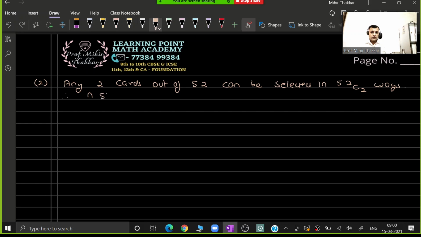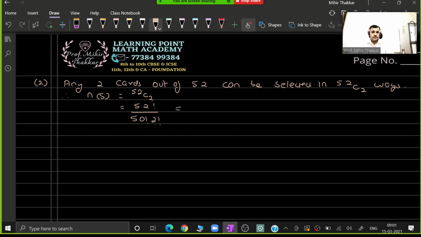Therefore guys, your n of s over there comes out to be equal to 52C2, which is ultimately equal to, in fact you can write the formula, 52 factorial divided by 50 factorial into 2 factorial.